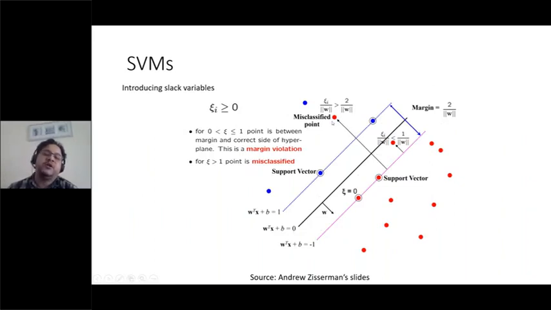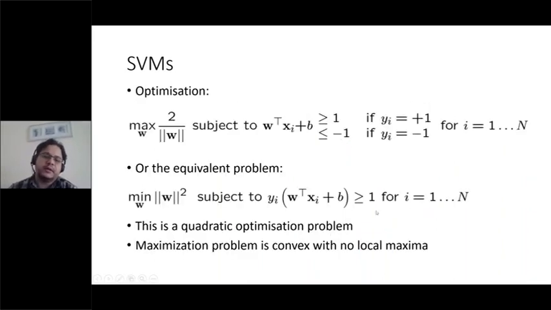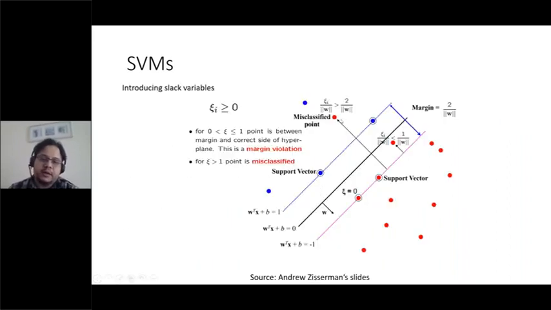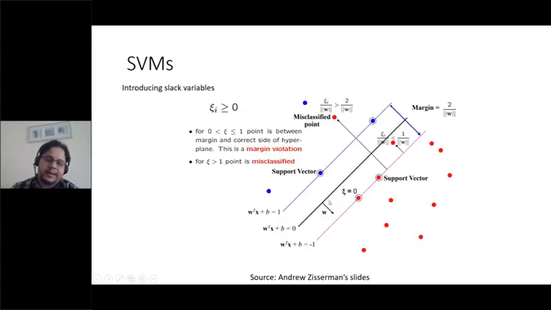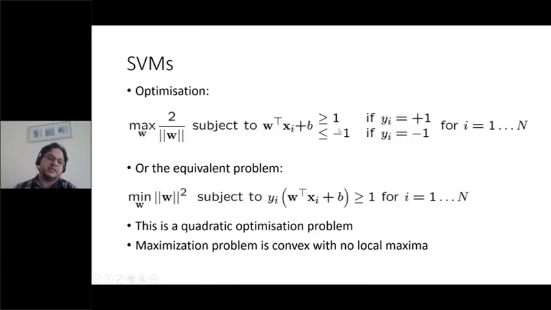At that point, there may be no best hyperplane, because this constraint will not be satisfied. For this point, this constraint will not be observed, because it's misclassified. We can never classify it accurately. This concept cannot solve this problem.